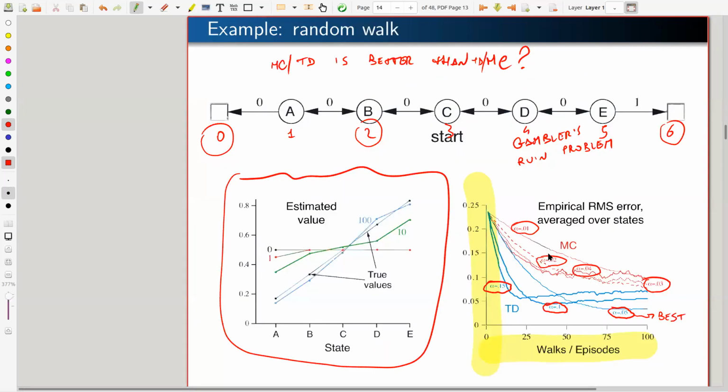If alpha is constant, as it is here, you just reach a certain degree of accuracy, and then you start worsening the performance, the error of your method. And the same happens also with Monte Carlo with a constant alpha, even if we don't see it there yet.